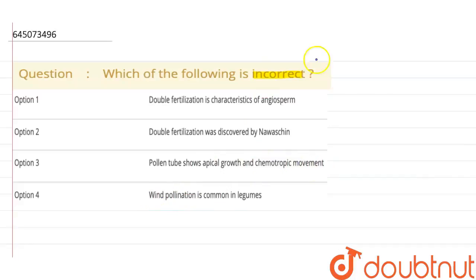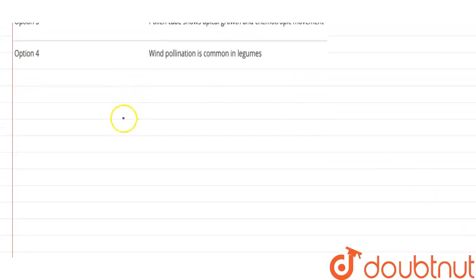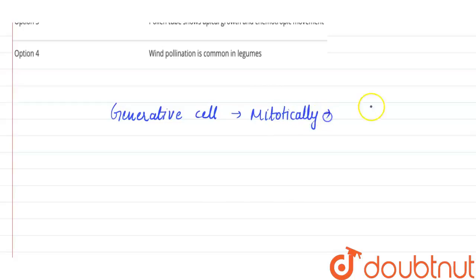Let's start with the first statement given here, double fertilization is characteristics of angiosperm. Let's first discuss the double fertilization. As we know, the generative cell divides mitotically to form two male gametes, right?